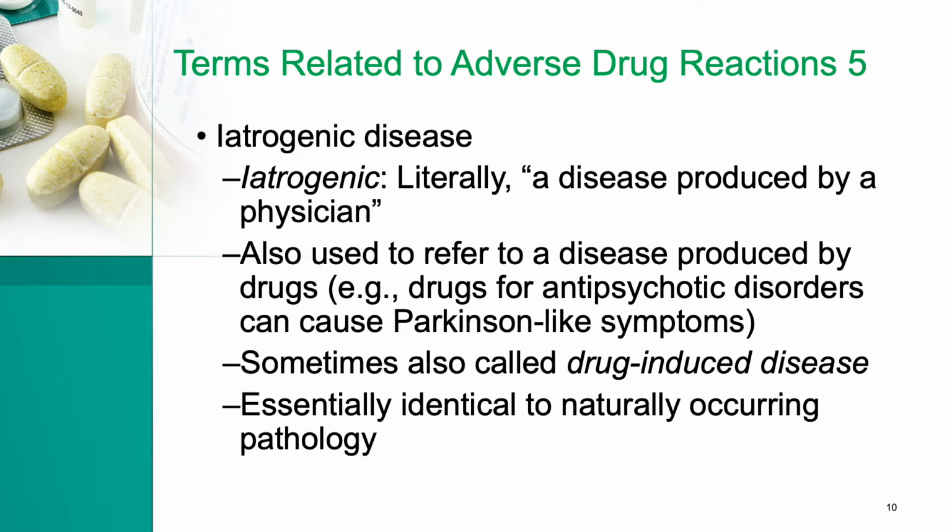Iatrogenic literally means a disease produced by a physician, but it is also used to refer to a disease produced by drugs. For example, drugs for antipsychotic disorders can cause Parkinson-like symptoms. It may also be called a drug-induced disease, as the disease is essentially identical to naturally occurring pathology.